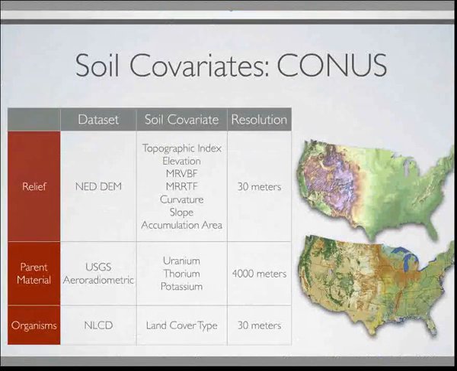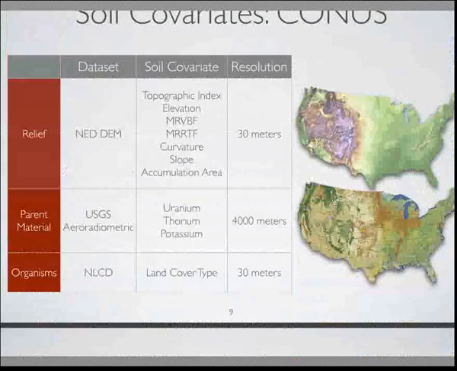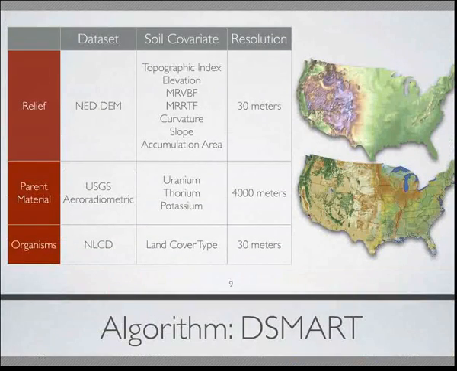Slide 9, you're able to see the covariates that we use to then fit DSMART. Also, the third column, the soil covariates, think about we have a value for each of those at each 30-meter grid cell over the entire CONUS. And so those are the attributes that I would think are associated to each cell, combined with what gSURGO is giving us.